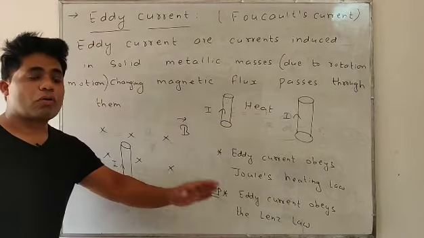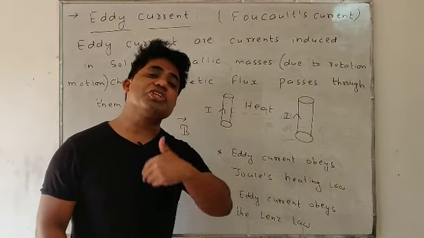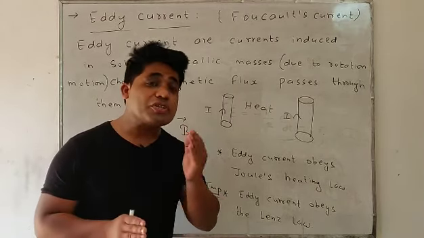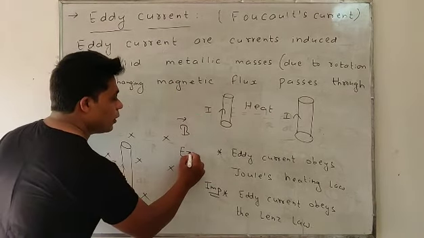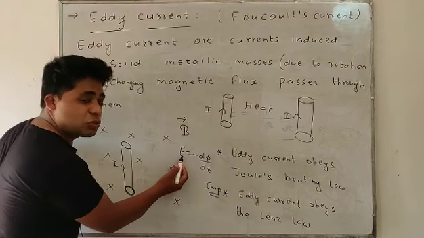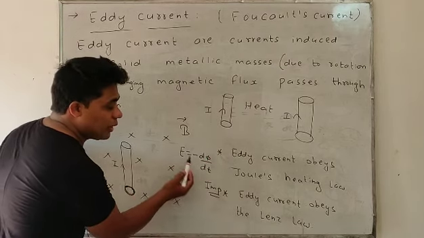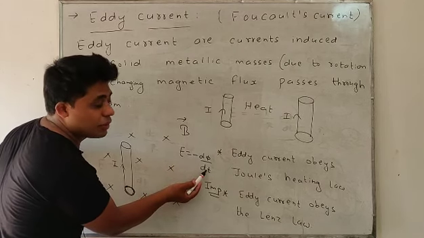That's Lenz's law. What is Lenz's law? Lenz's law always opposes the change in flux, the factor which is responsible for its production. If you remember, E equals minus d phi by dt. Lenz's law states that induced EMF and current always oppose the rate of change in flux.